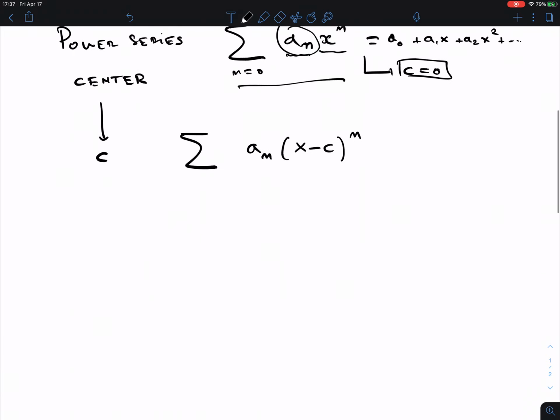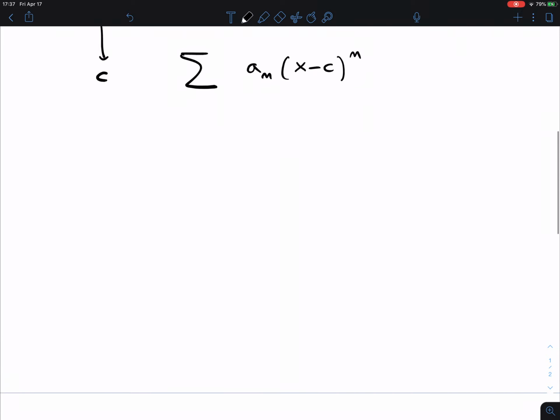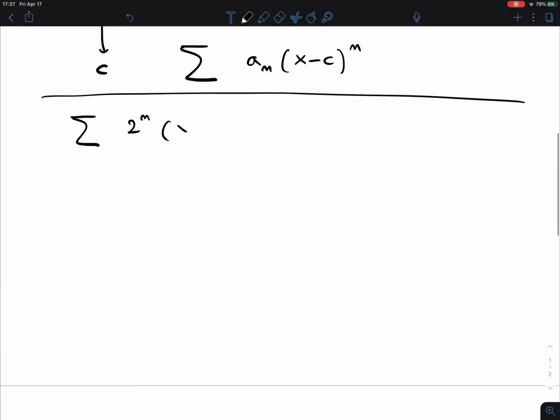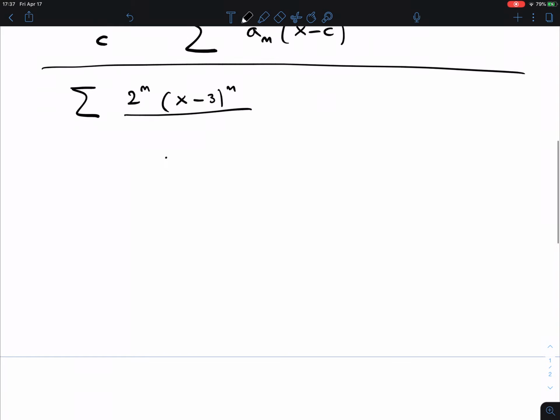So how are we going to do this? I'm going to work out a very general example because it helps to see how things work. Here's an example of a power series: the sum of 2 to the power n, times (x minus 3) to the power n, divided by n factorial.